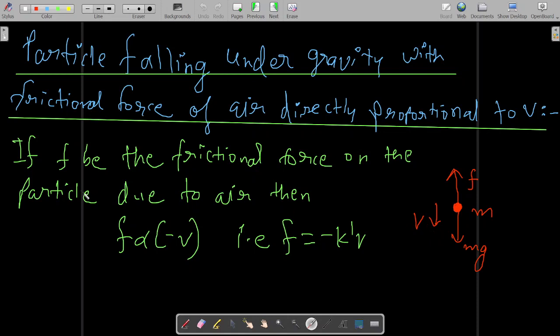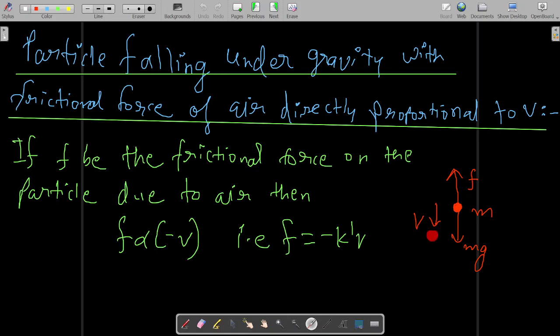Okay, so if F be the frictional force on the particle due to air, your frictional force on this particular particle will be directly proportional to minus V. Why the negative sign?